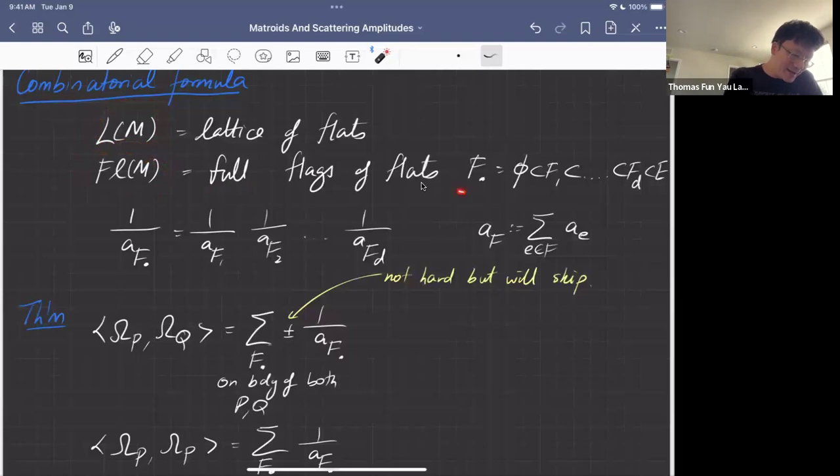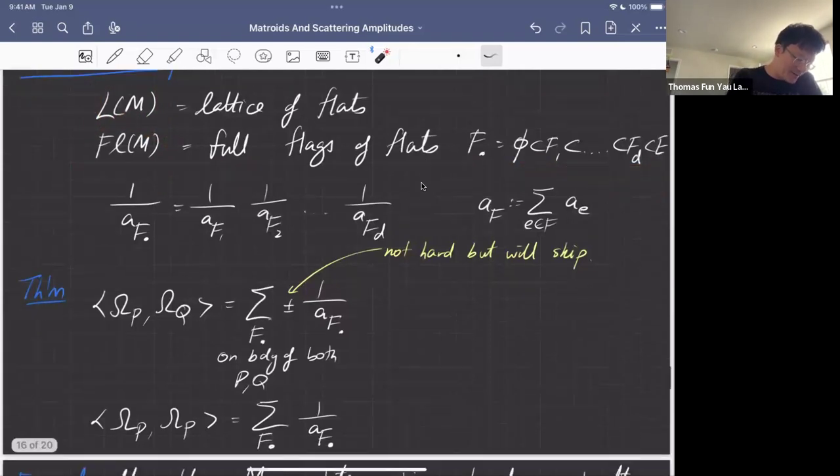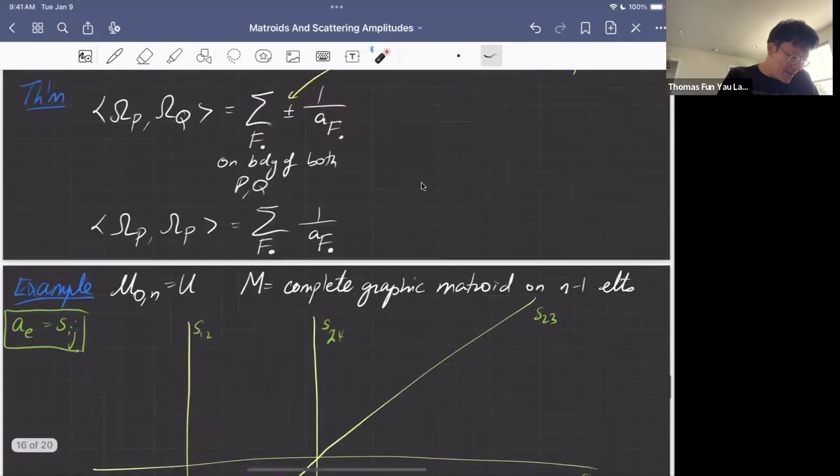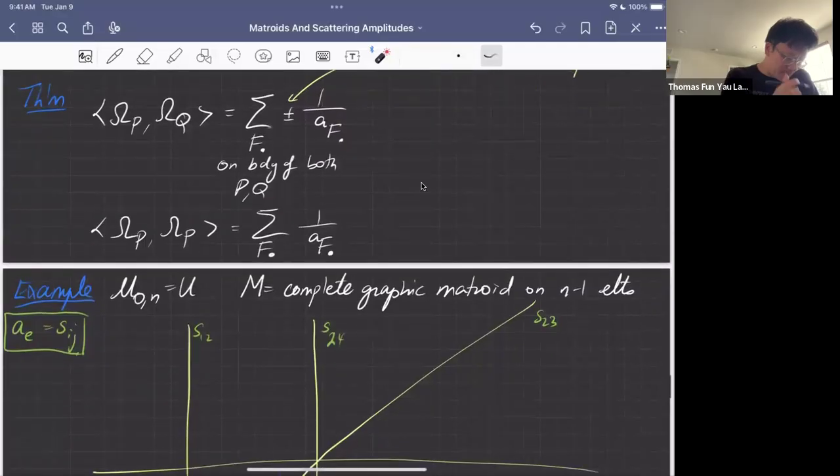And to a saturated flag of flats, I'm going to associate this rational function, which is given by this formula. It's one over a product of a bunch of linear things. The theorem is that when I pair two canonical forms, I will get a sum over flags that are compatible with both topes.